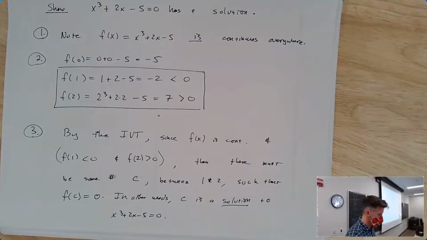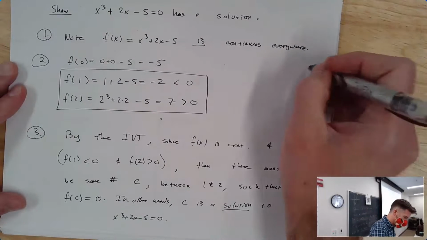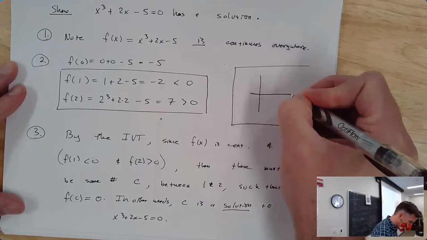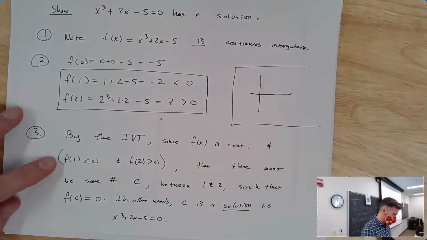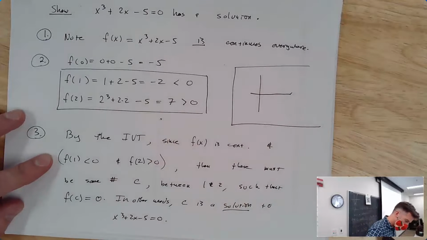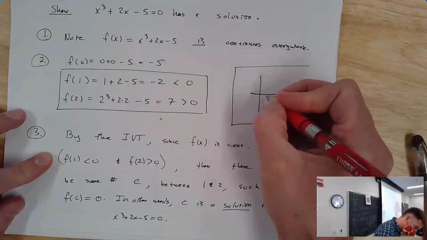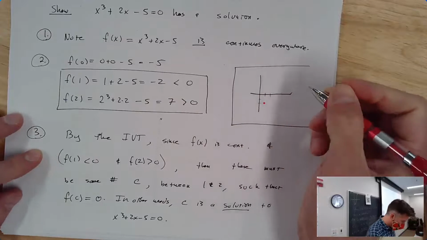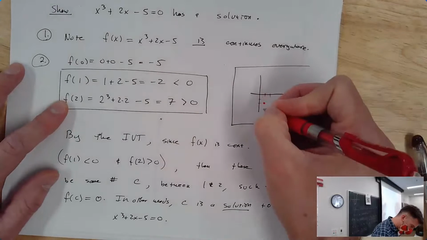Graphically, here's what's going on. So graphically, we know that f of 1 is -2. And f of 2 is +7.